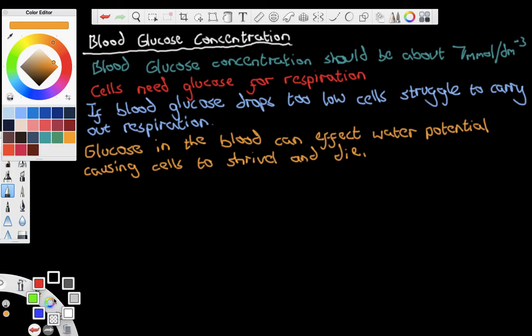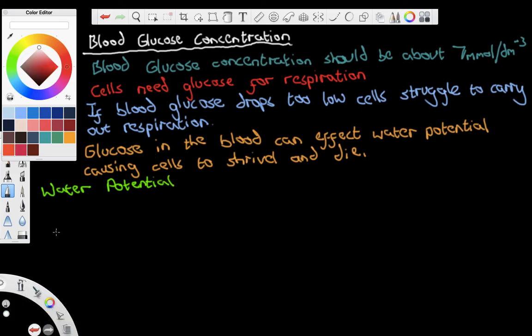Water potential can be defined, just to refresh our memory, as the likelihood of water molecules to diffuse out of or into a solution.